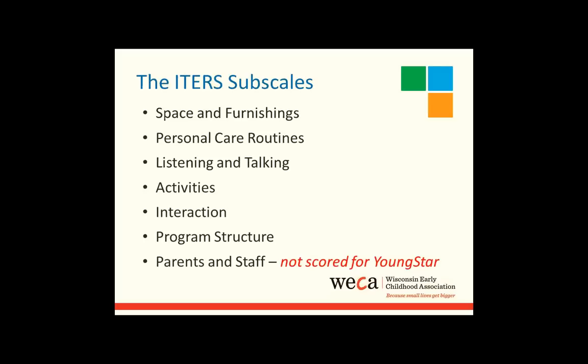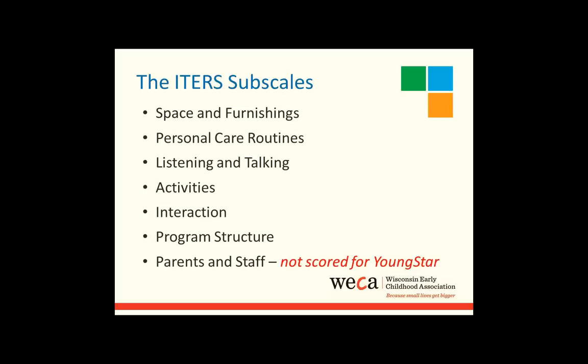So on this slide, I list the subscales that are included in the ITERS. There's first, space and furnishings. There's the personal care routine subscale, listening and talking, activities, interactions, program structure, and parents and staff. The parents and staff subscale is not scored at all for any program in all of YoungStar.